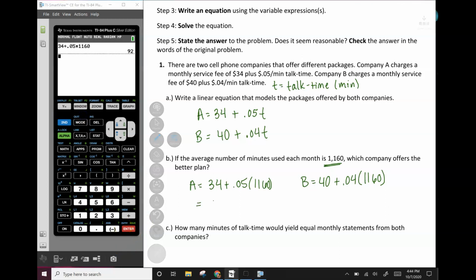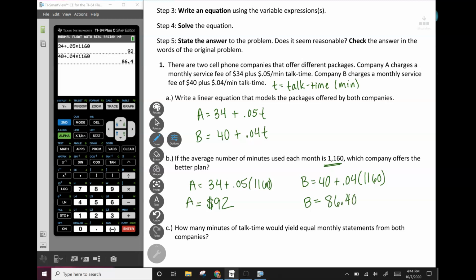Okay, so Company A is going to be $92. Okay, do the same thing for Company B. 4 cents and that initial $40. So Company B comes out to $86.40.